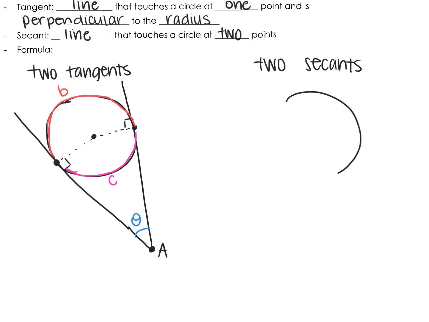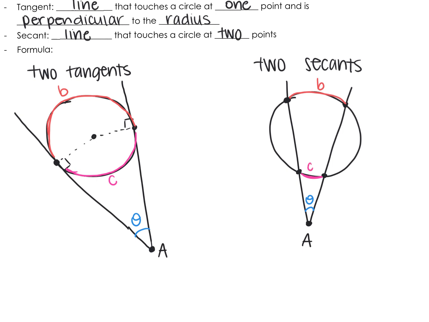Again, I have a circle. I have my angle A, and it meets the circle at 2 points. So I have my angle theta, and similar to when I had 2 tangents, I have my outside arc, B, and I have an inside arc, C.